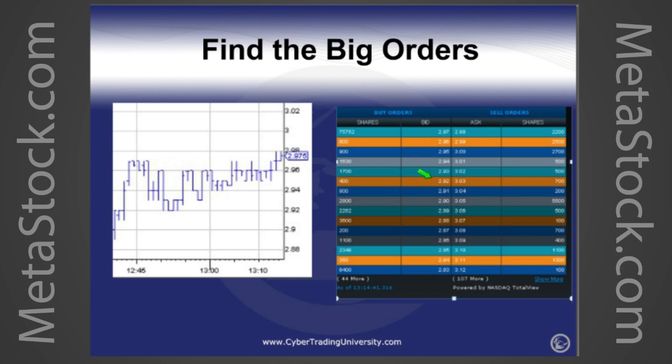Now, if you look at this example that we have right here, can you guys tell me from looking at this level 3 right here, these are the buyers, these are the sellers. Do you guys notice any big block orders anywhere on each side? Where do you guys see the biggest order out there?